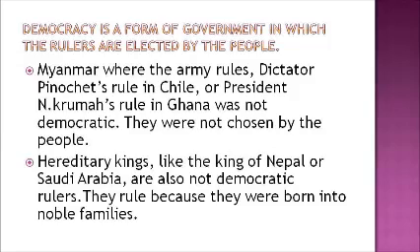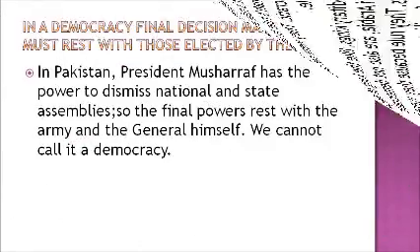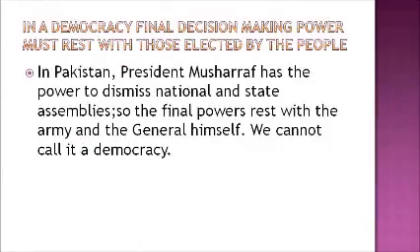A democracy must be based on a free and fair election where those currently in power have a fair chance of losing. So, in a democracy, there are two parties, one ruling and another opposition party, and both parties must have free and fair elections through which they come into power.